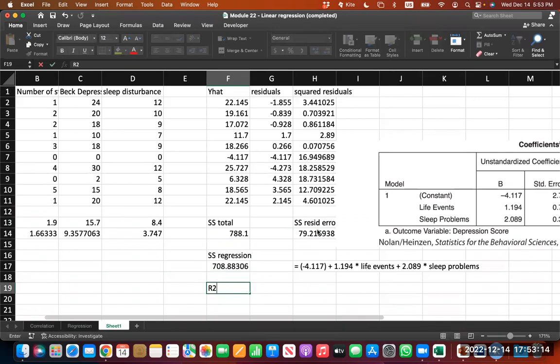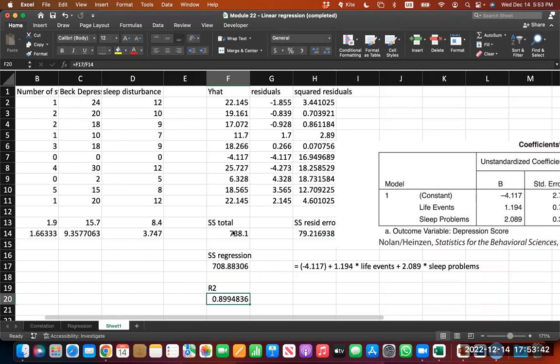And if you want to calculate now R squared, this is basically the sum of squares regression divided by the sum of squares total. And we're getting now to an R squared of 0.89. That means that 89% of your variability is explained by this model with both variables included.